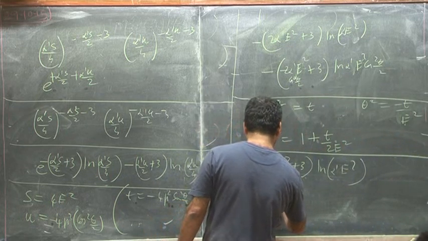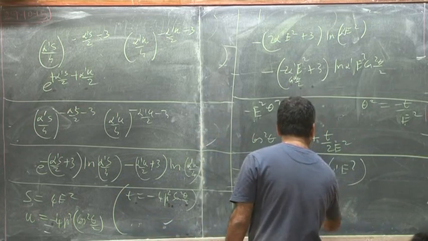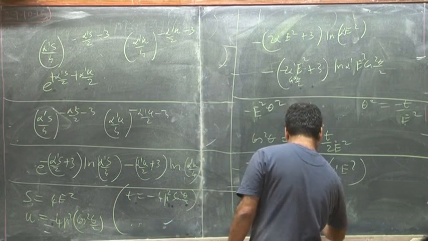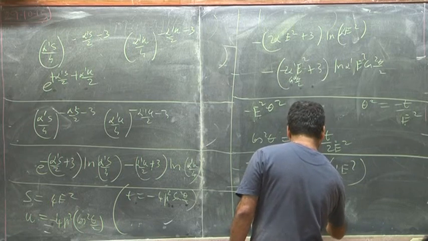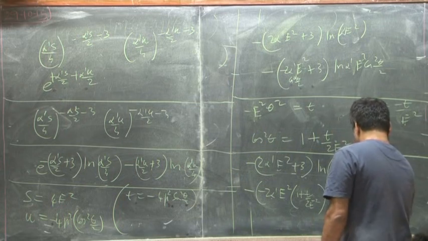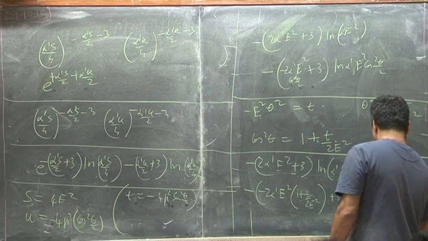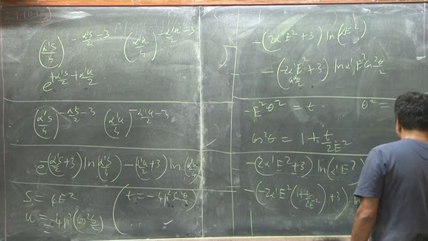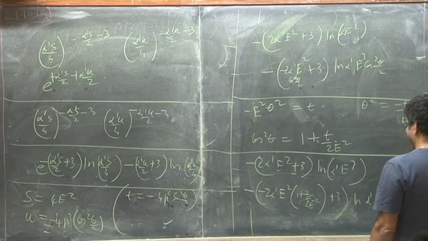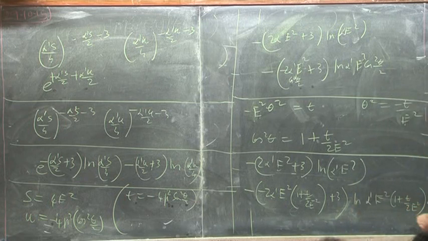Minus of minus 2 alpha prime e squared into (1 plus t by 2) squared plus 3 alpha prime e squared in 1 plus t by 2 e squared. This will play about the t by 2 e squared.